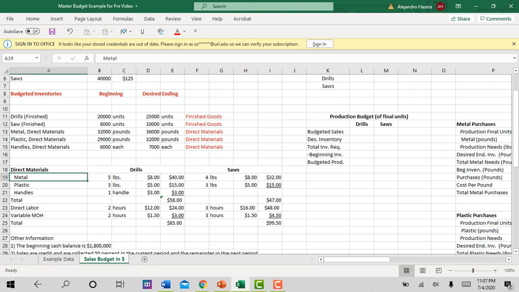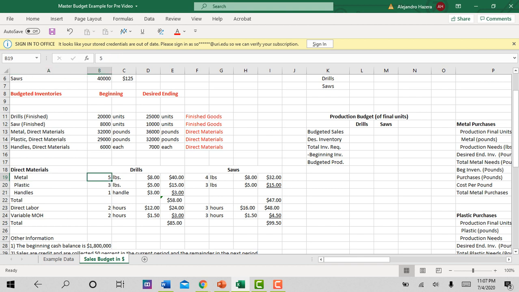But companies like to compare what are called standard costs, or a standard cost, which includes both the cost per the materials and other prime costs that go into products, and the amount of materials that go into each product. Okay, so for example, the company uses metal in both drills and saws.